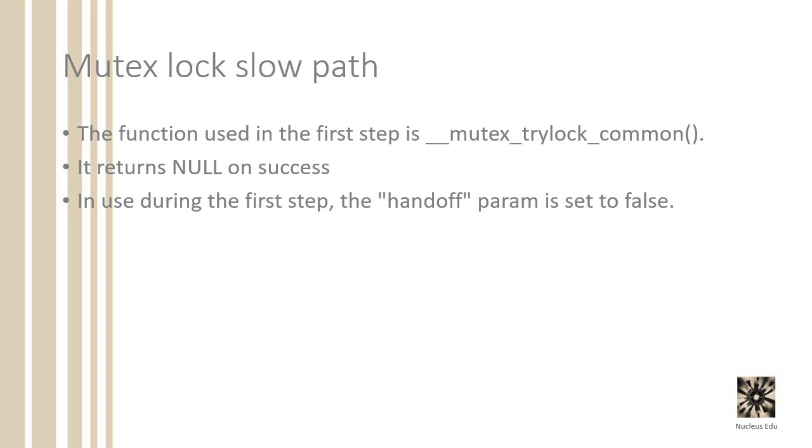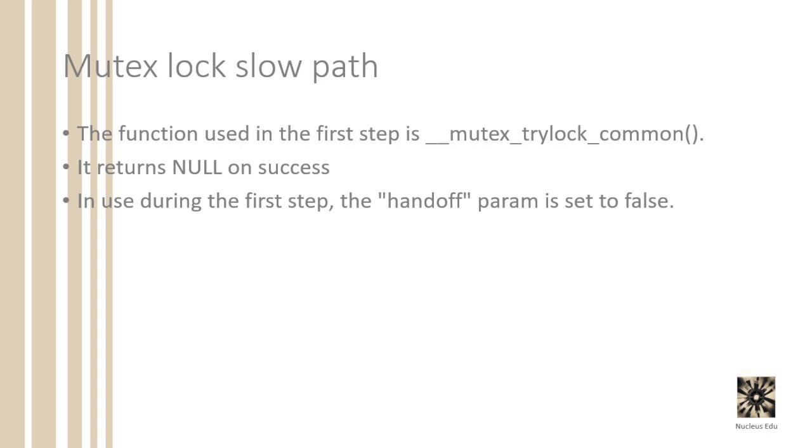One more thing to notice in this function, maybe when you go to the kernel code yourself, is there is a param called handoff, and for this first step the param handoff is set to false. We will see when this is set to true and what that significantly means.